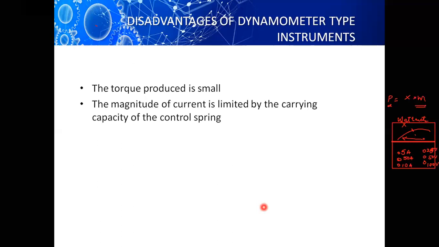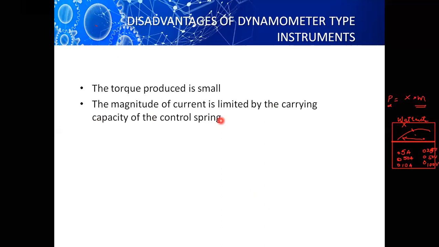Coming to the disadvantages, the torque produced is small because the currents flowing through the coils are less, the magnetic field produced is less, hence the torque produced will be small. And the magnitude of current is limited by the carrying capacity of the spring control. This is what we have seen. The pressure coil is made up of thin wire.